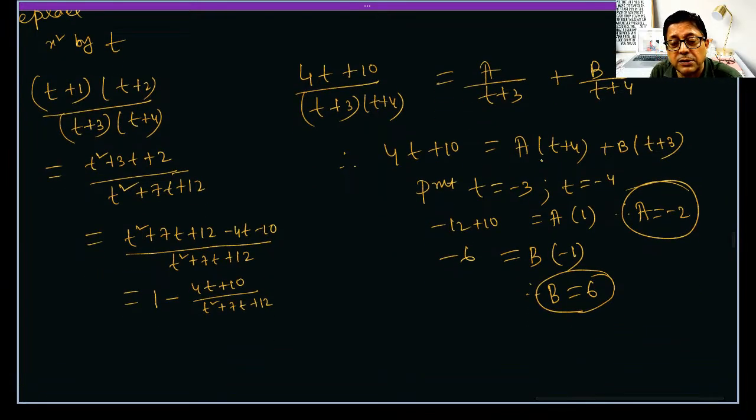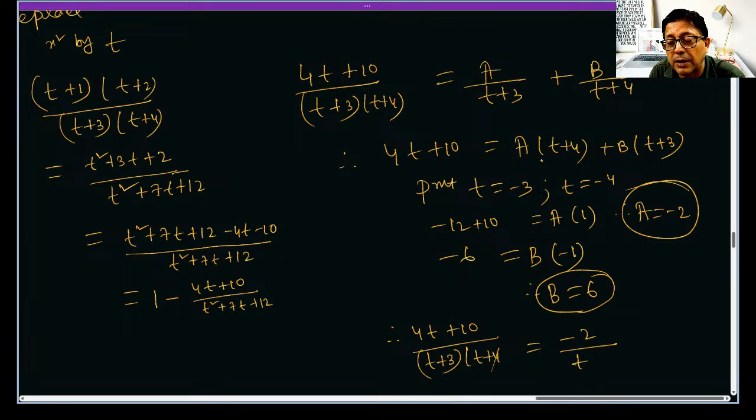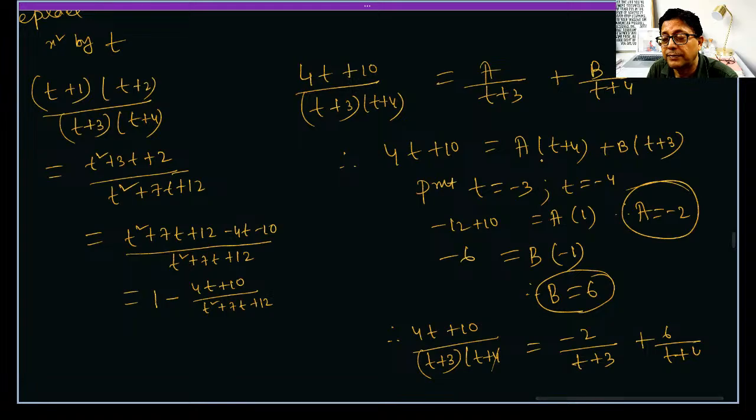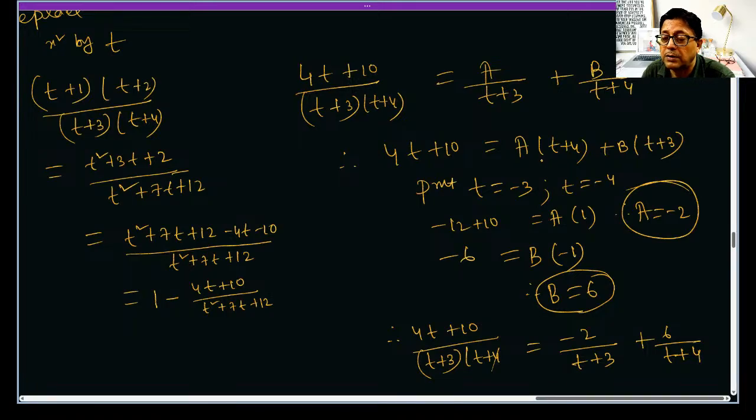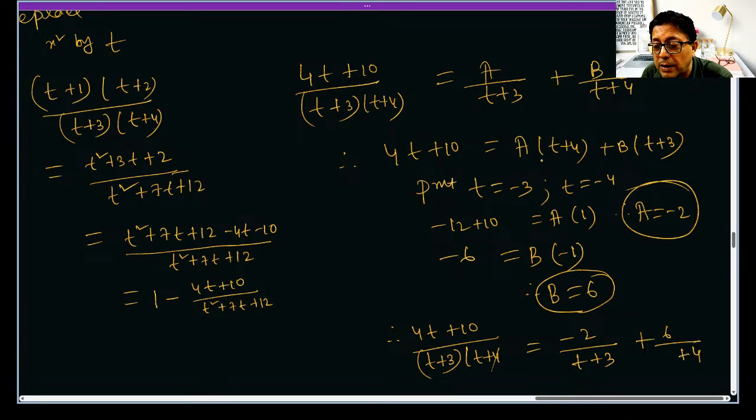So and we got 4t plus 10 by t plus 3, t plus 4 equal to a by t plus 3 plus b by t plus 4, isn't it? Minus 2 by t plus 3 plus 6 by t plus 4.